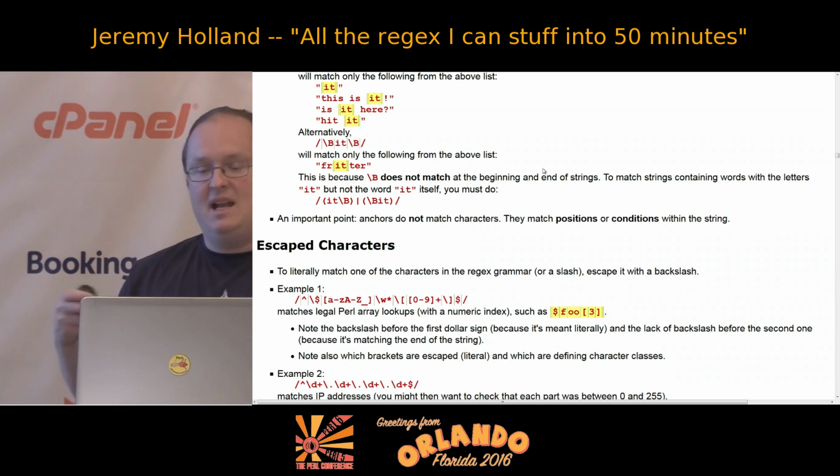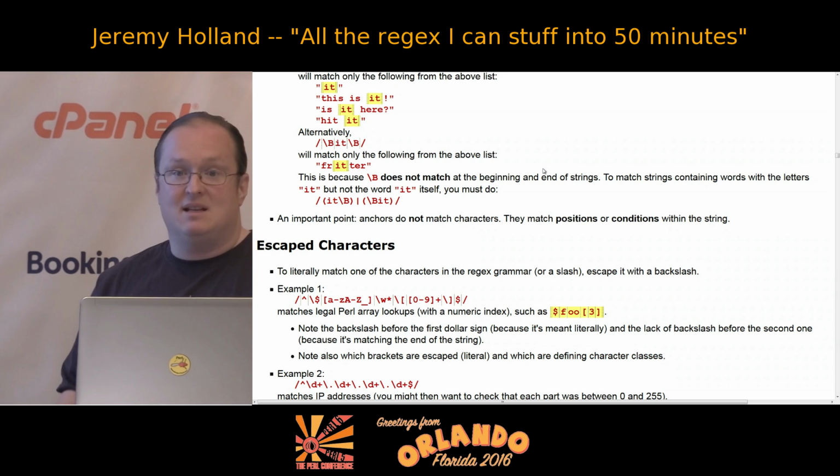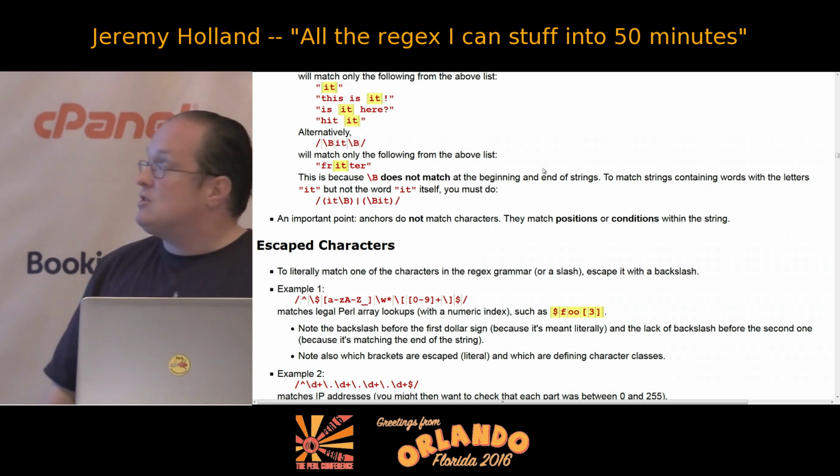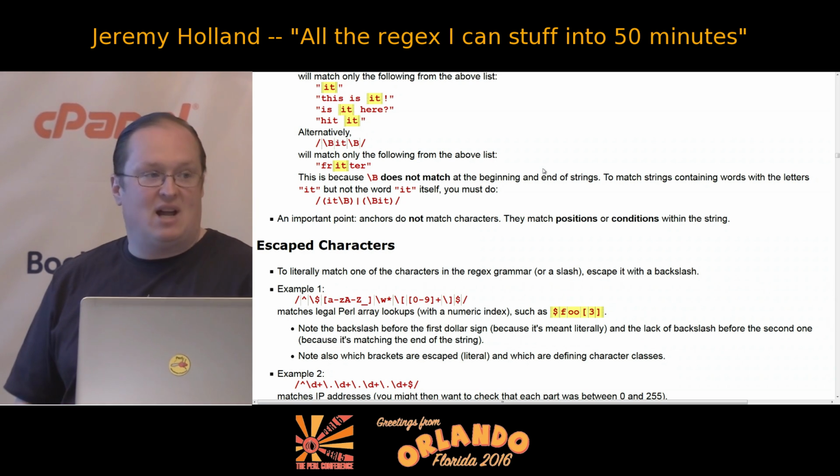If you want to match any string that contains any word that contains "it" but isn't "it", you have to do this, where you look for "it" and then the condition of there being not a boundary there or the opposite. And just remember the anchors don't match actual characters. They just match a condition at the point in the string where you're trying to do your match.